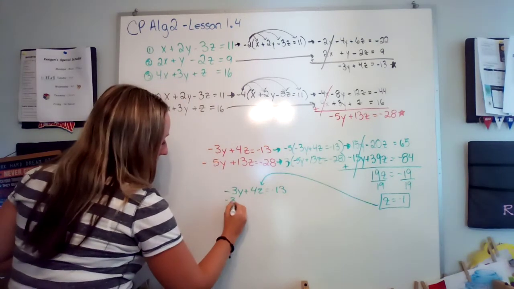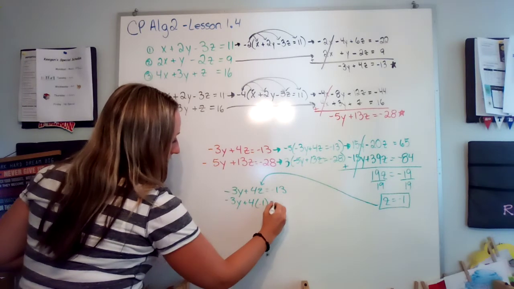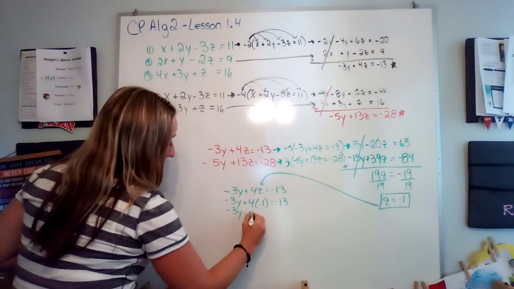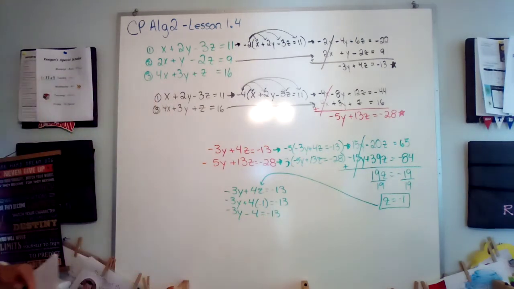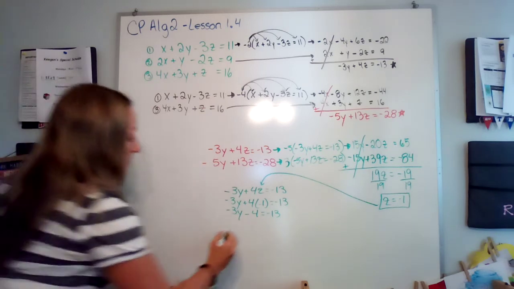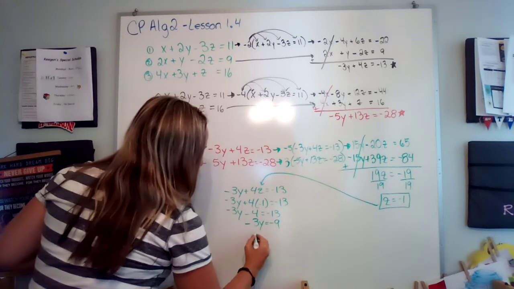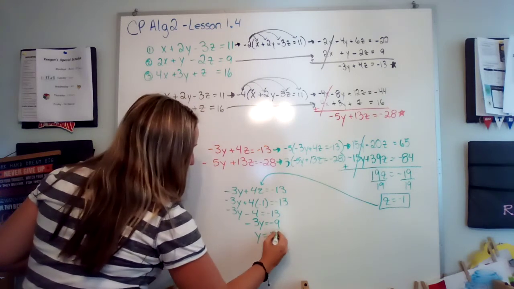So I have negative 3y plus 4 times negative 1 equals negative 13. Negative 3y minus 4 equals negative 13. Add 4 to both sides, so it's going to be negative 3y equals negative 9. Divide both sides by negative 3, and you're going to have a positive 3.